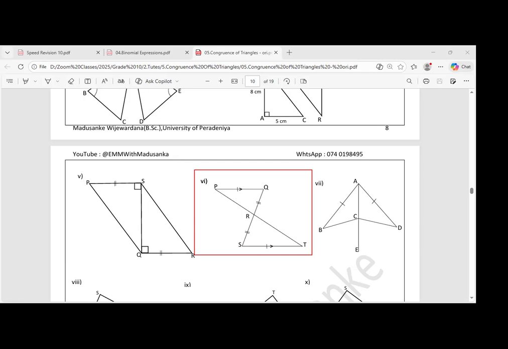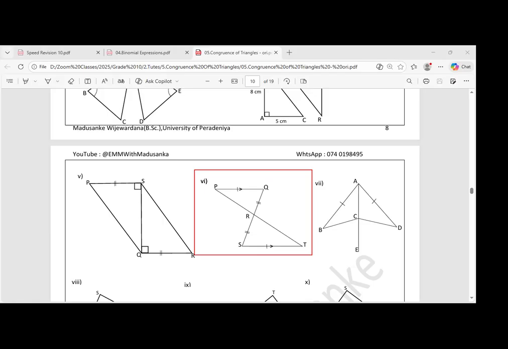So Dinogi has sent me the answers. RTS plus PPQ, RTS.